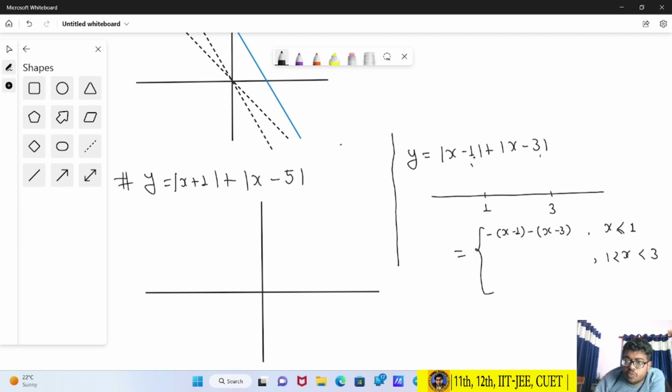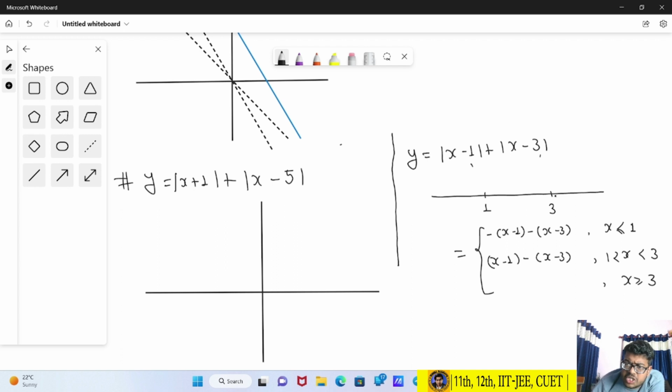So 2 minus 1 is positive, so it stays as it is. Put 2 in the other, 2 minus 3 is negative, so it comes with a minus sign, x minus 3. Now take x greater than or equal to 3.